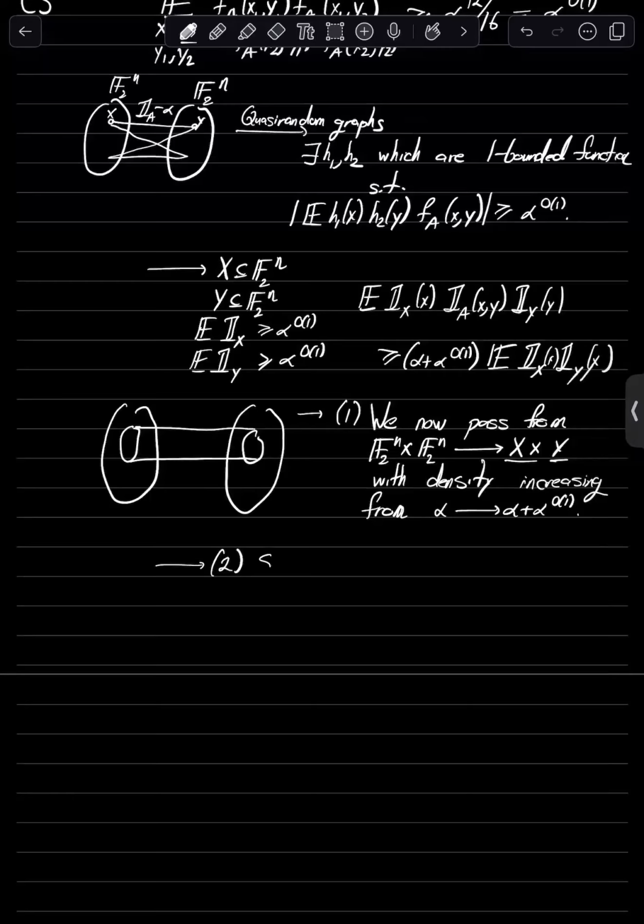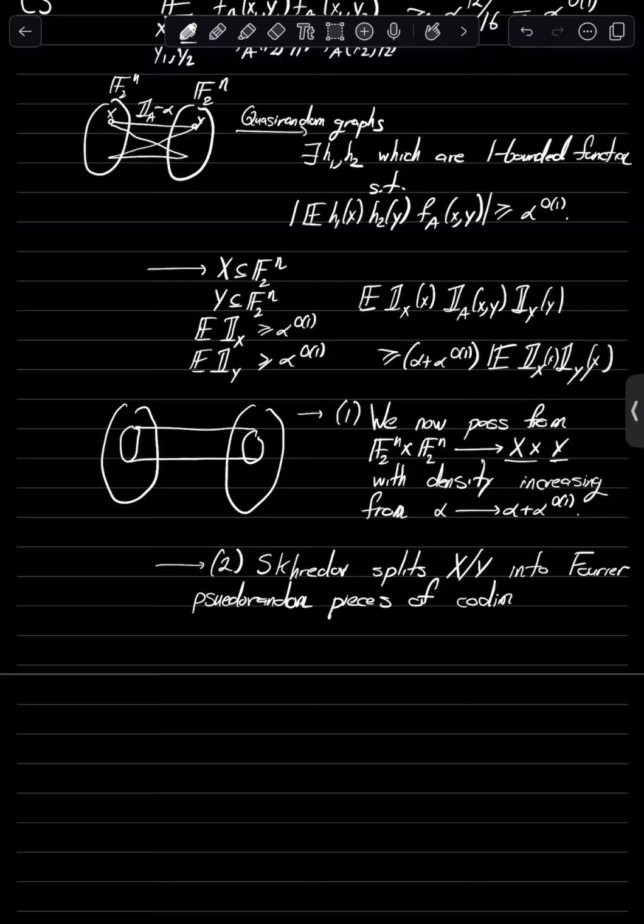What Shkredov does is split X and Y into Fourier pseudo-random pieces of codimension alpha to the minus O(1).